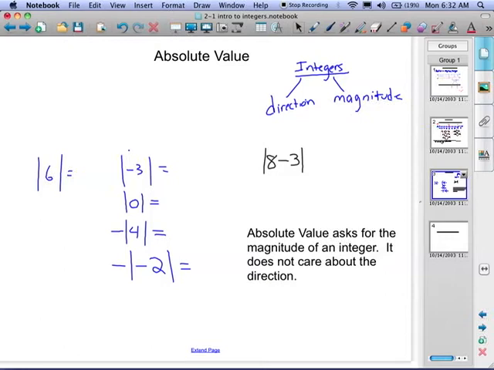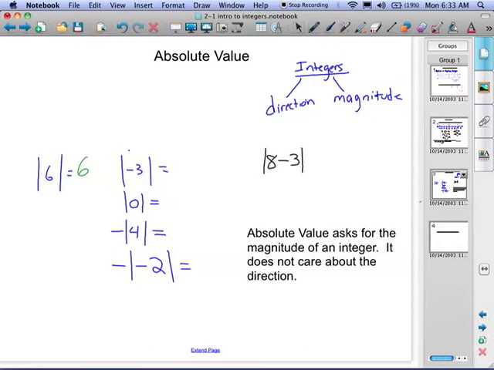So if we look at our 5 examples over on the left, the absolute value of 6. The absolute value is asking you for the magnitude of 6. Simply how far away from 0 is it? The 6 is 6 units away from 0. The absolute value of -3.